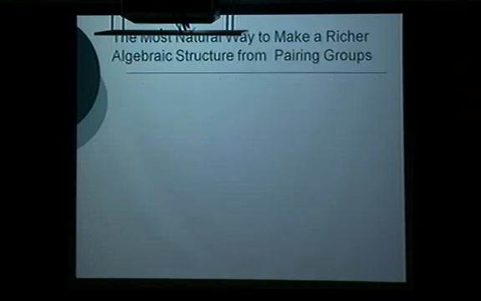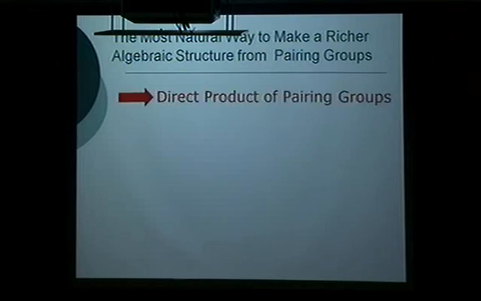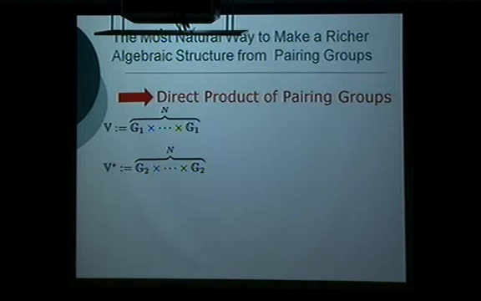So the most natural way to make richer algebraic structures from pairing groups is the direct product of pairing groups. Direct product is just a tuple of group elements.